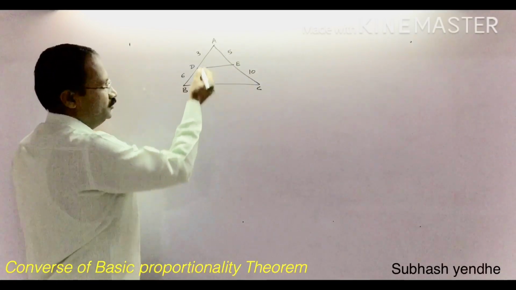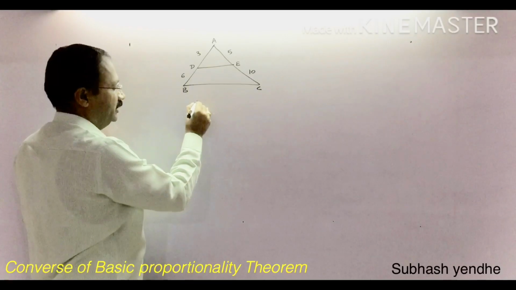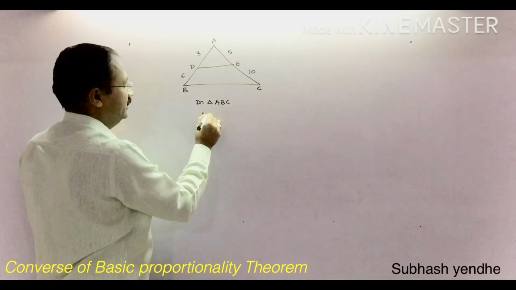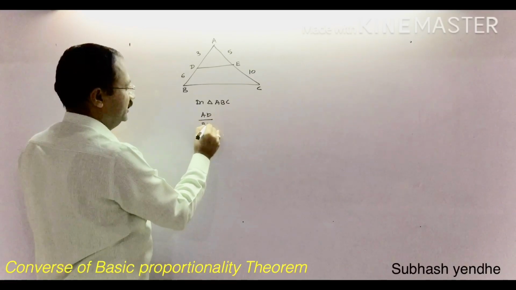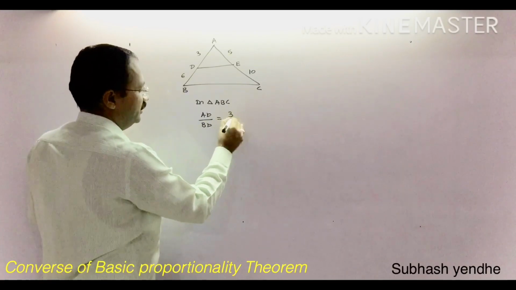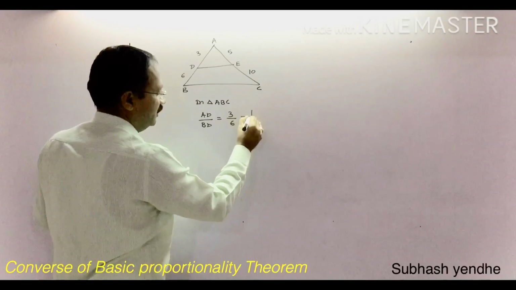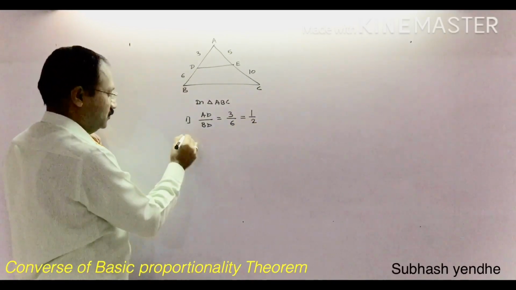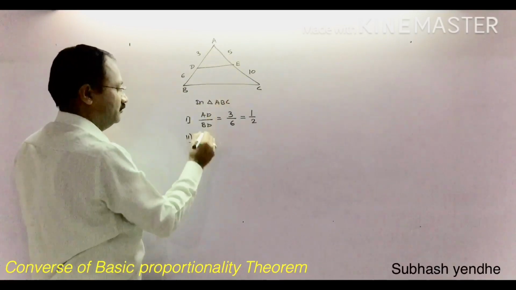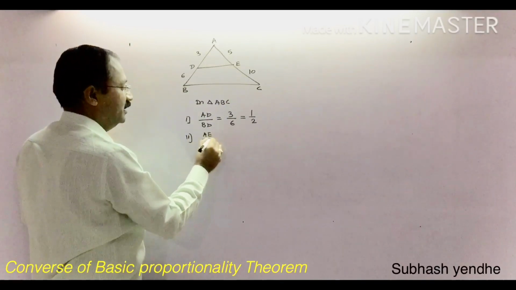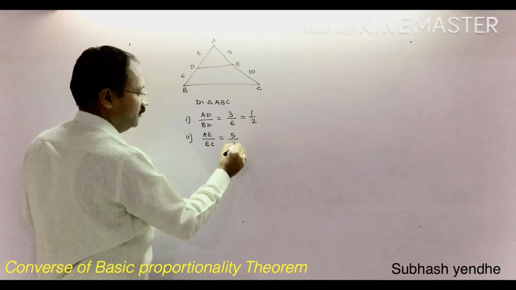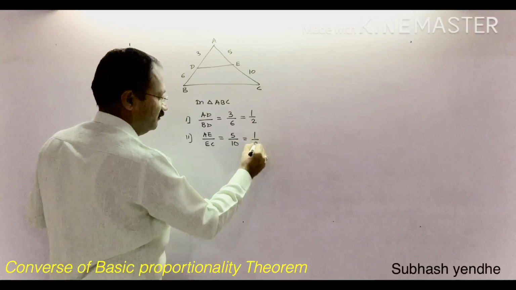Then again you have to find the ratio. In triangle ABC, AD upon BD equals 3 upon 6. The ratio is 1 upon 2. For the second, AE upon EC equals 5 upon 10, which is also 1 upon 2.